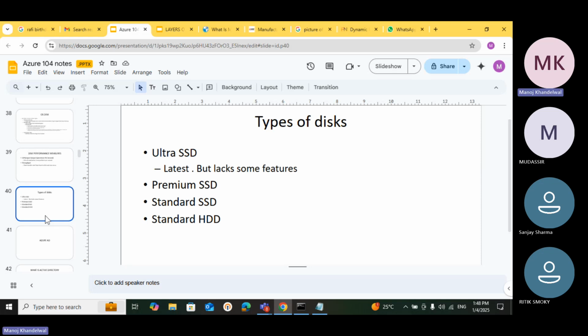I think I should take a test also. Shall I take a test on Azure AD, these theory topics, first at least? It will make us fresh and then we will study. So when can I take a test on both topics, Azure AD and the storage?